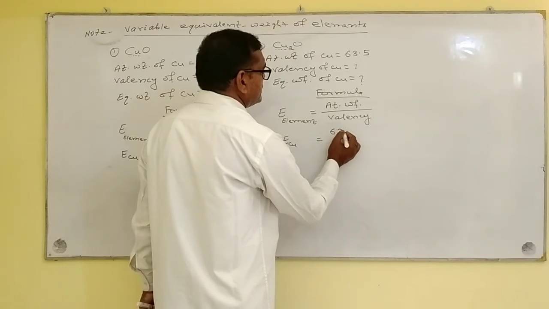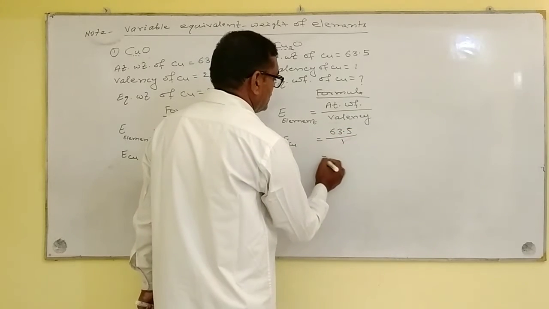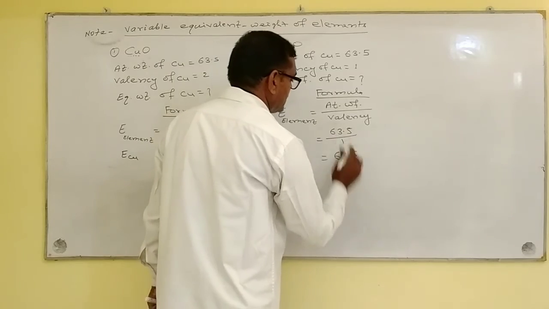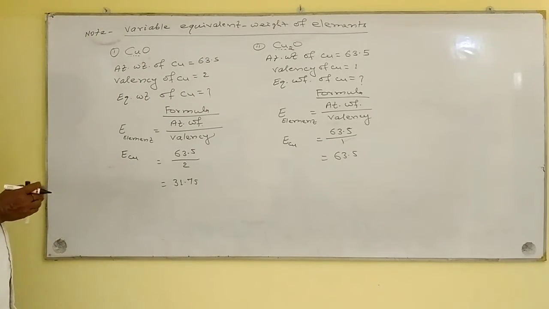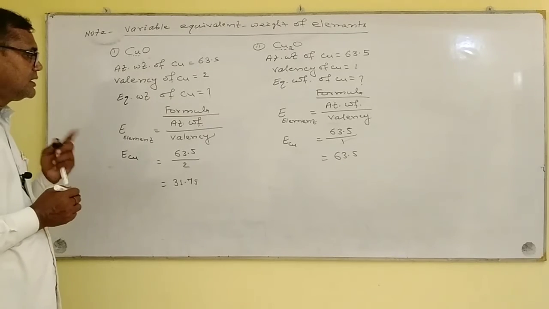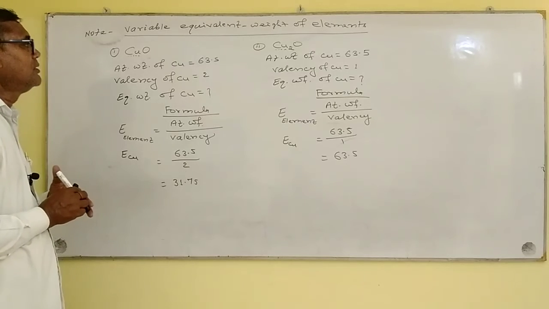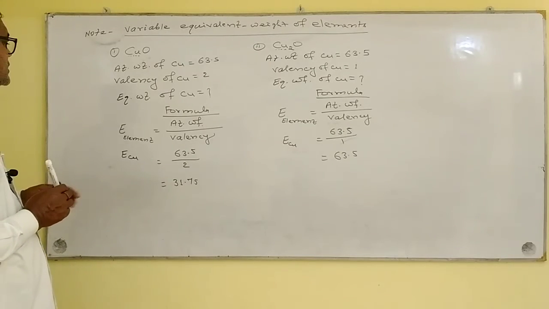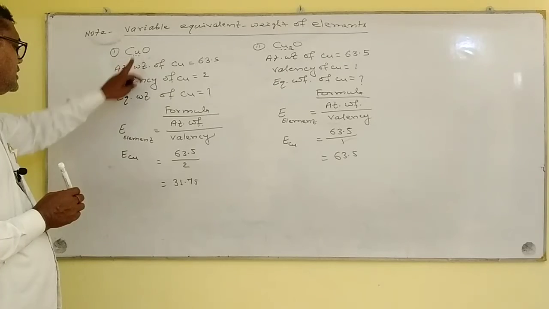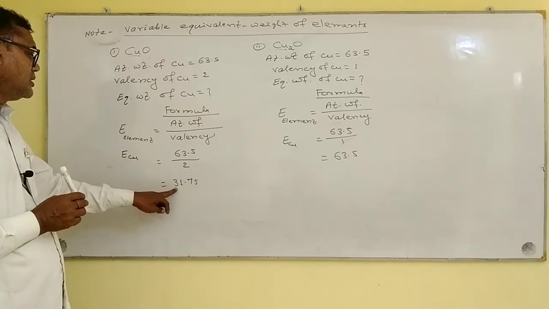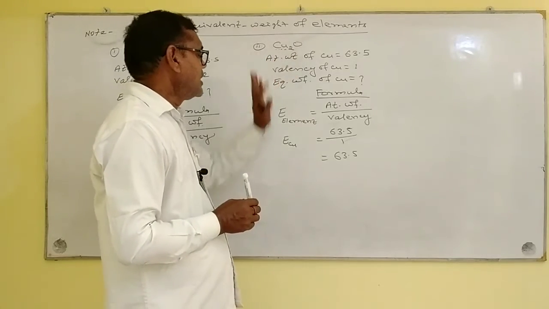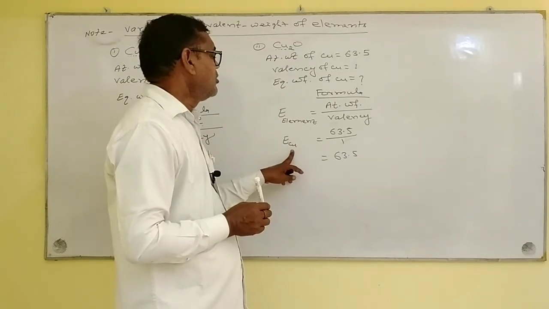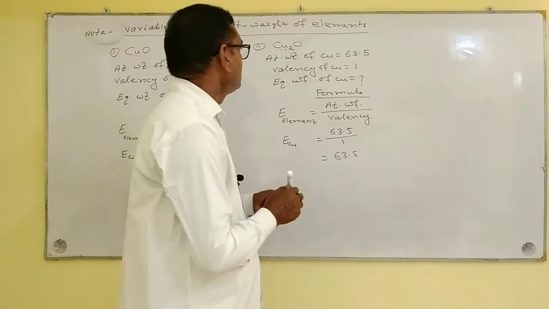Here we write 63.5 upon 1 is equal to 63.5. In the question, equivalent weight of copper is different in different compounds. In cupric oxide, equivalent weight of copper is 31.75. In cuprous oxide, equivalent weight of copper is 63.5.